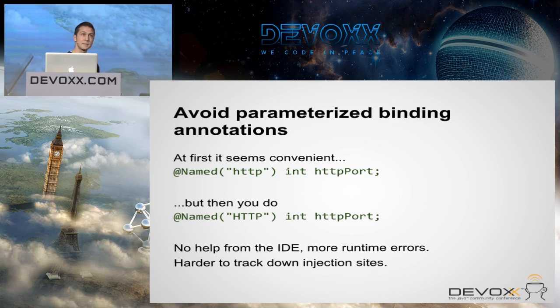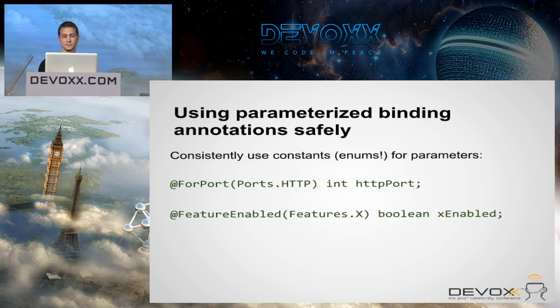It's very easy to make typos, and you'll quickly run into trouble. The IDE can't help you, and you'll get more runtime errors. It's also harder to track down all users of a particular binding, because you have to do some kind of regular expression search on your named injection sites. Much easier if you just do a find references on the ForHttp binding annotation.